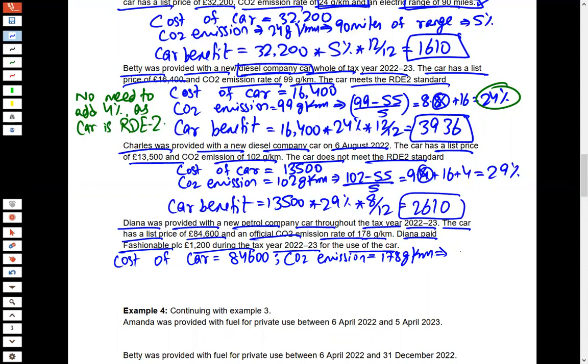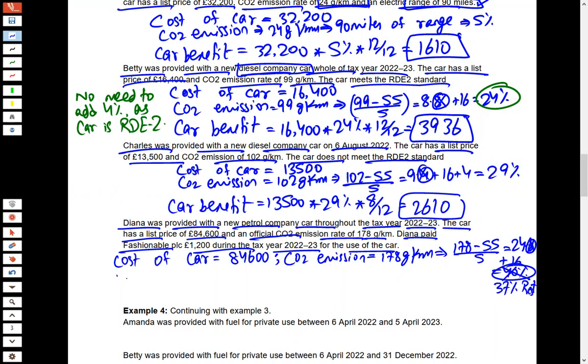So it is 178 minus 55 divided by 5. So it is 24.6, 0.6 ignored. 24 plus 16 is 40%. Since it's 40%, I need to restrict it at 37%.